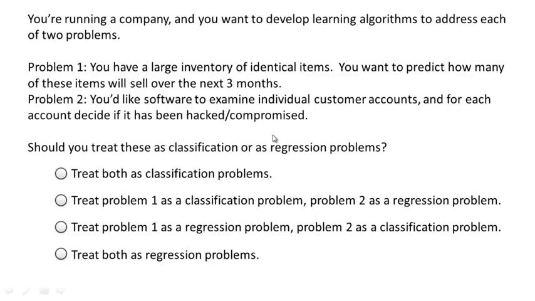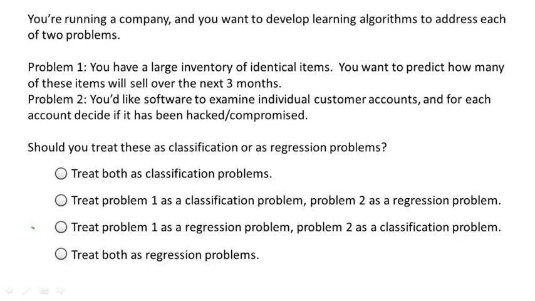So for each of these problems, would you treat it as a regression or as a classification problem? The video will pause in a second, and when it does, please use your mouse to select one of these 4 radio buttons on the left-hand side. Please click on what you think is the right answer.